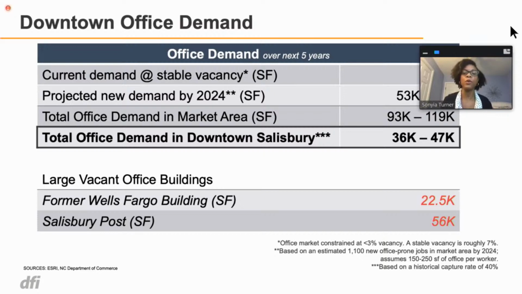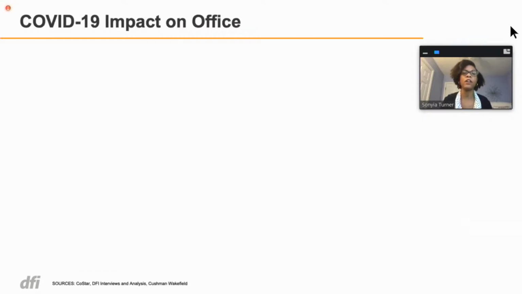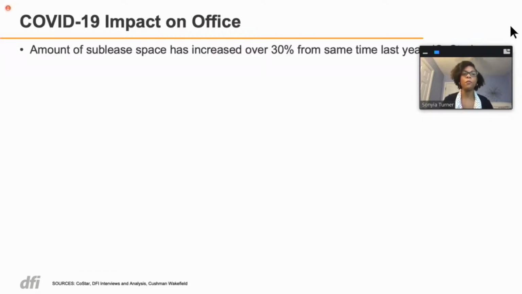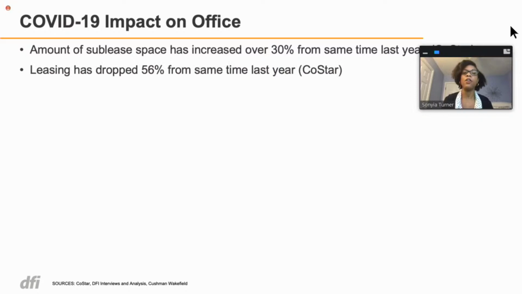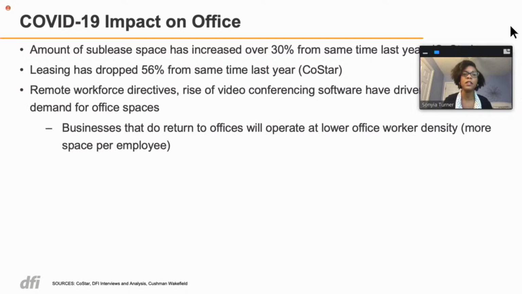And so you have these large vacant buildings, but then there's also COVID. A couple things that we've seen: sublease space increased over 30% from the same time last year. Leasing has dropped 56%. Remote working and video conferencing has also driven a lack of demand for office space that we're seeing.